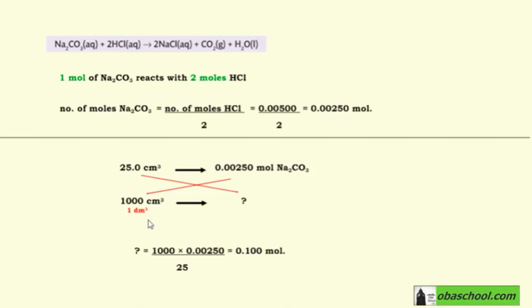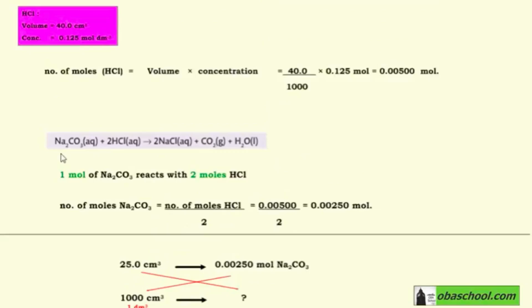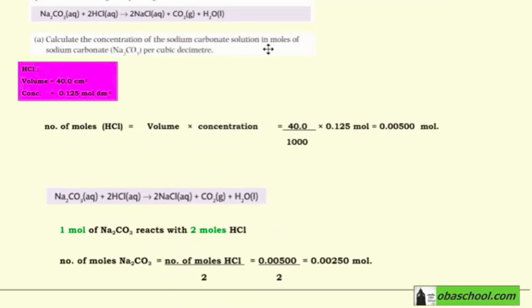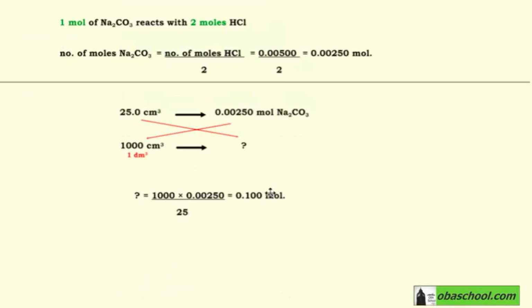So I obtained the number of moles in 1,000 centimeter cubed or 1 decimeter cubed. So the concentration of sodium carbonate is 0.1 moles per decimeter cubed. So 0.1 moles are dissolved in 1 decimeter cubed or 1,000 centimeter cubed.